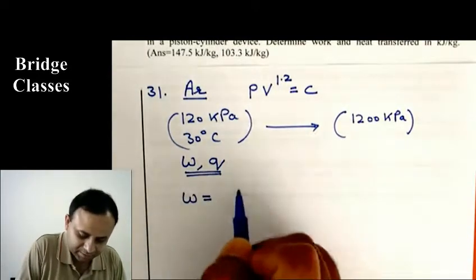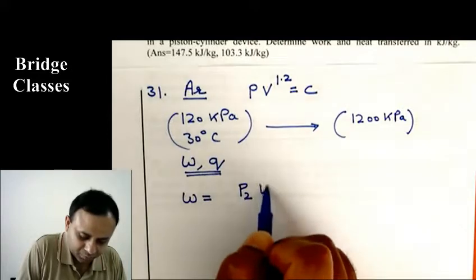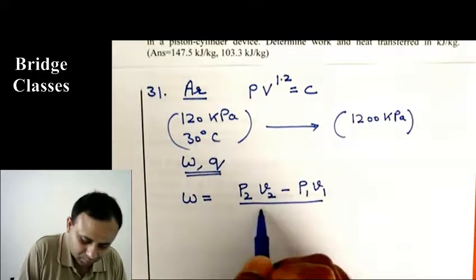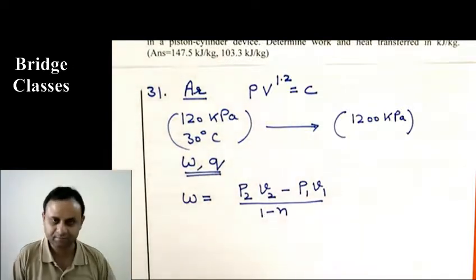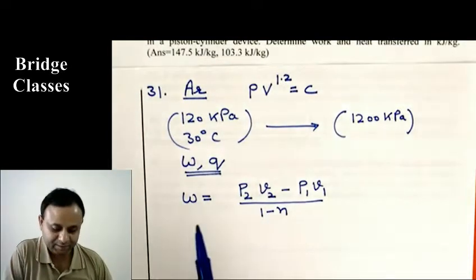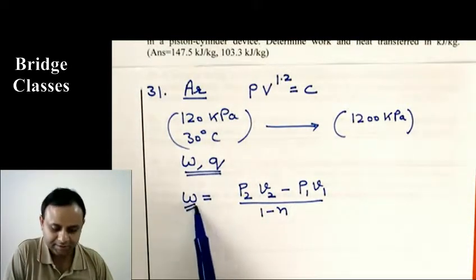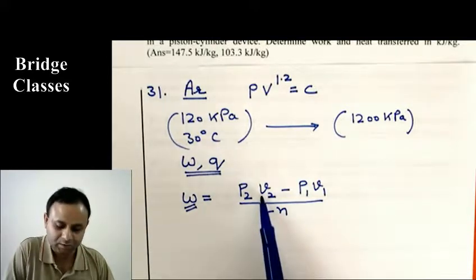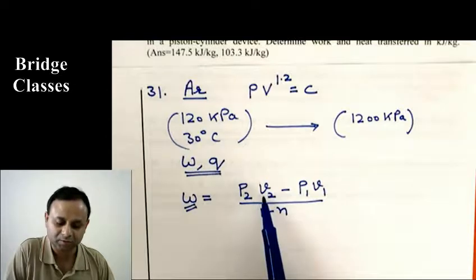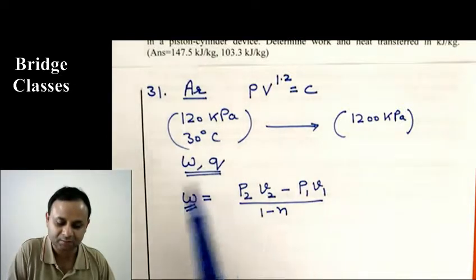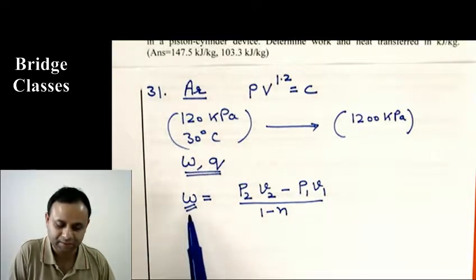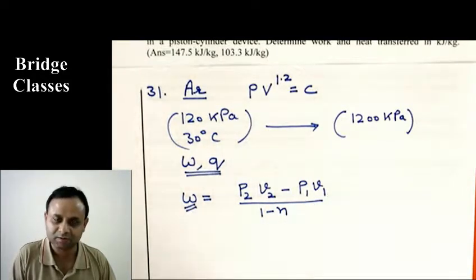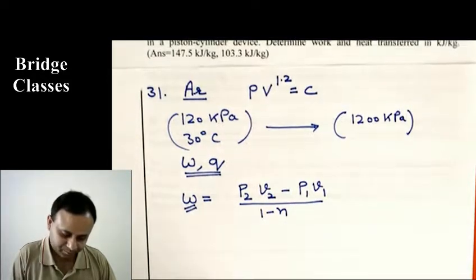So the formula is P2V2 minus P1V1 over 1 minus n. You have to be consistent, because I used lowercase w here, which is work per unit mass. This is lowercase v, volume per unit mass. So I have divided the polytropic work equation by m, so this becomes specific volume and this becomes lowercase w.